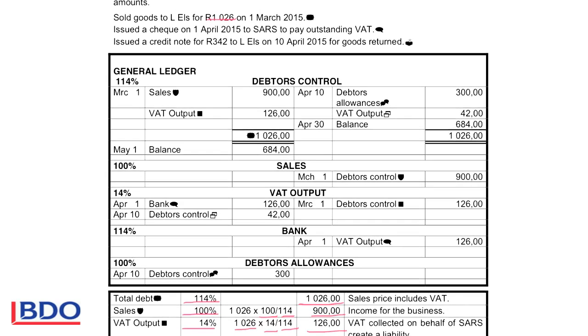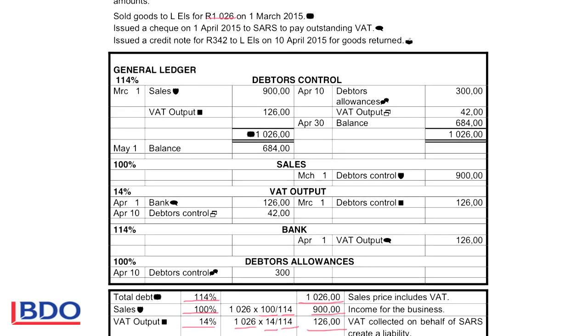So when we record this entry, we will show that the debtors increase with the total amount. So the debtors will increase with the 900 Rand sales price of the business, and they also owe the 126 Rand VAT to the business.